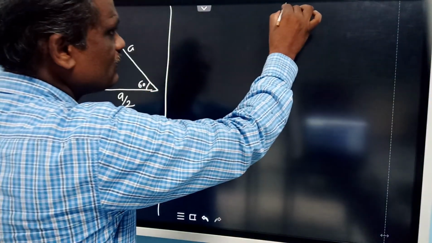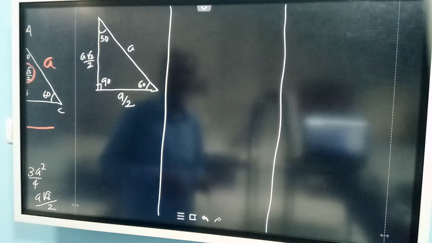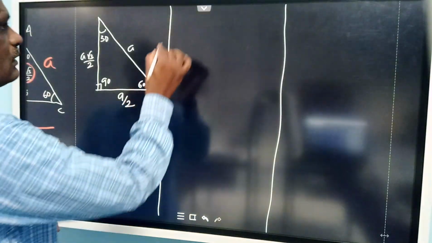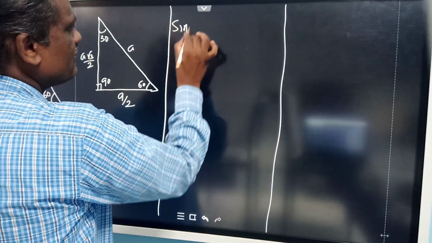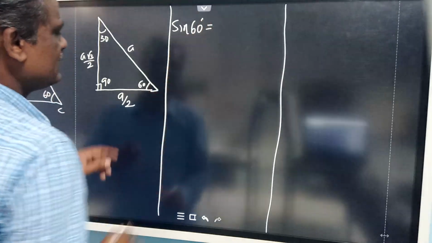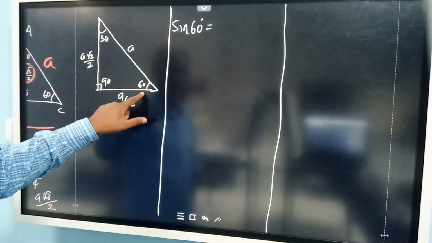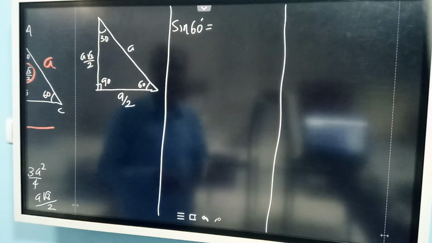So I will find out one side 30 degree, another side 60 degree. So let us see sin 60 degree. Sin 60 with reference to this angle: opposite side by hypotenuse.